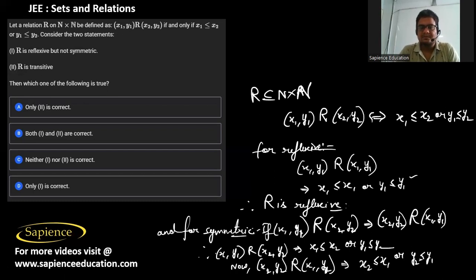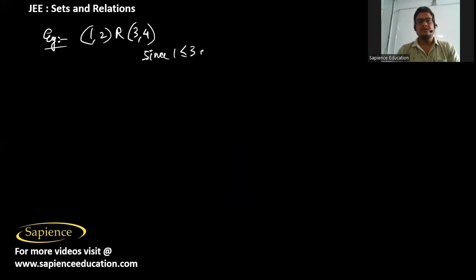Now which may be true or may not be. For example, if you take (1, 2) is related to (3, 4), since 1 is less than or equal to 3 or 2 is less than or equal to 4, which is true.